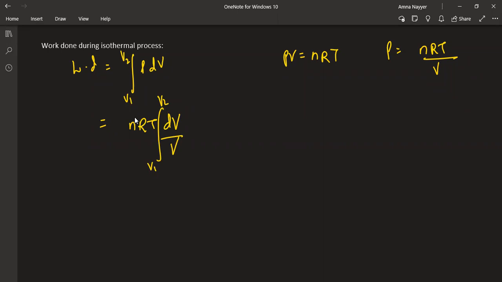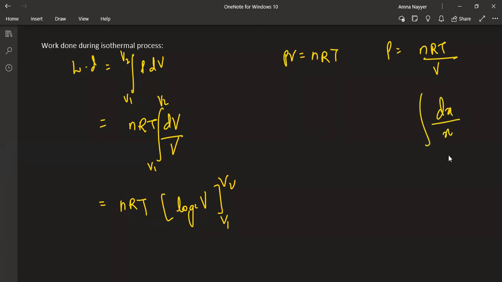Now class, whenever you have integration of dV over V, you write it as nRT log V from V1 to V2. Whenever you have integral of dx over x, that becomes log x from x1 to x2. This is the generalized rule.